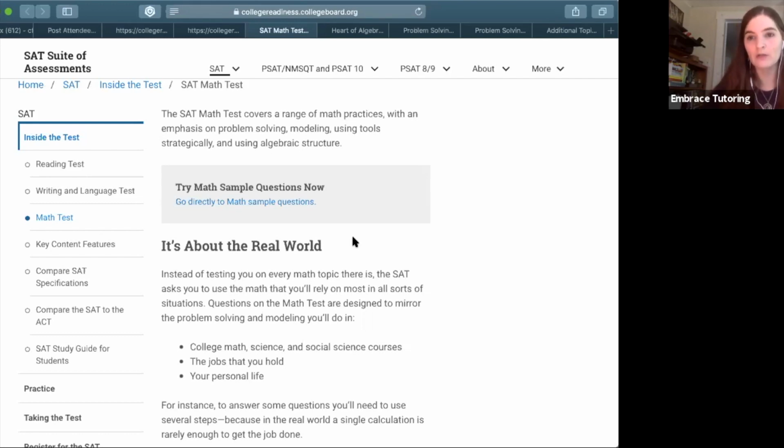So you'll start with your reading test, go to your writing and language test, and then you have your first math section, which is non-calculator. In that case you shouldn't even have your calculator on your desk, but you should have it with you, easily accessible for when you're allowed to have it on your desk for taking the fourth section, which is the calculator section.